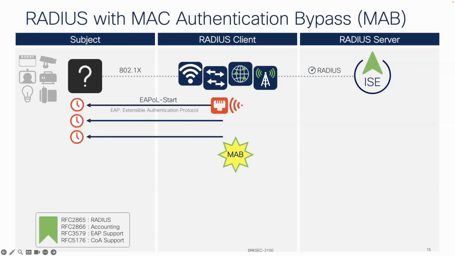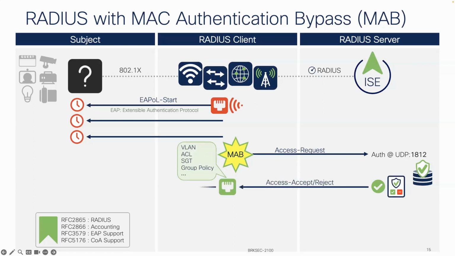At that point, if MAB is configured, we can go ahead and trigger MAC auth bypass over to the RADIUS server, or ICE, and say, hey, what should we do with this MAC address? Based on attributes sent in the RADIUS request packet, ICE can decide what to do with it and say, yeah, come on in, we'll assign it to this VLAN, or assign this ACL, this SGT, and let it come into the network.